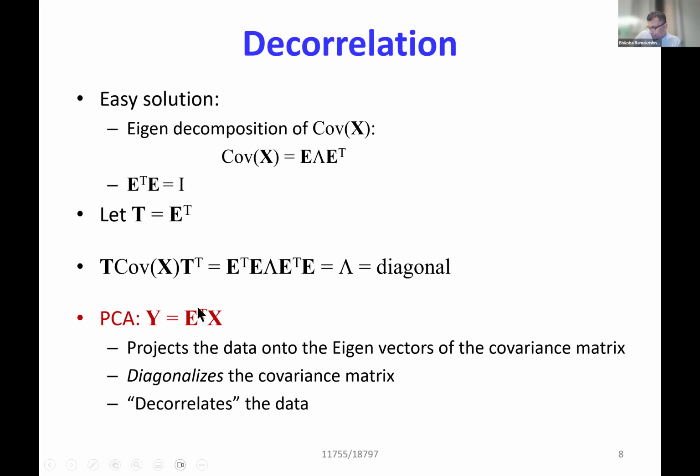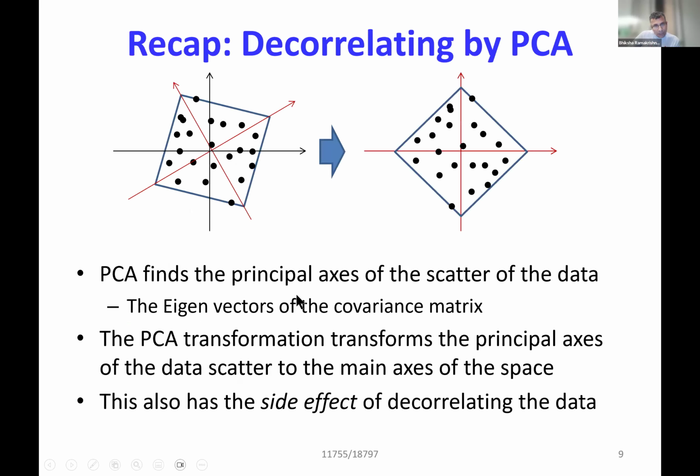So this one is basically diagonalizing the covariance matrix, but the real effect of principal component analysis is to find the directions of the major and the minor axes of the data.